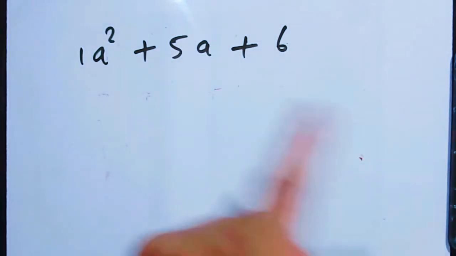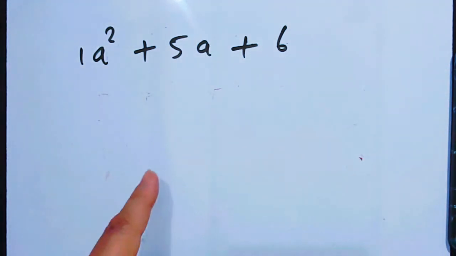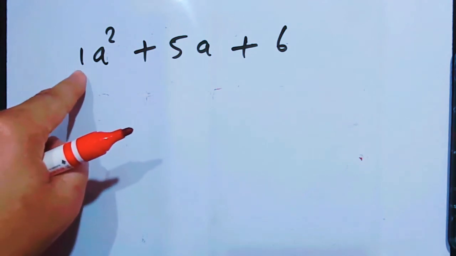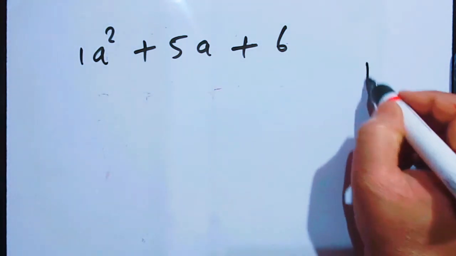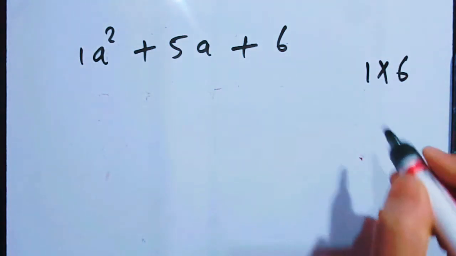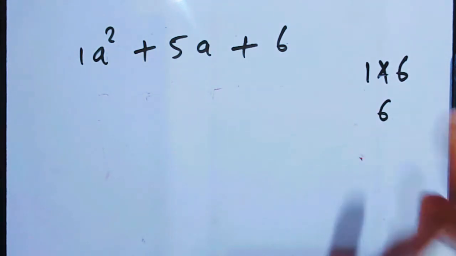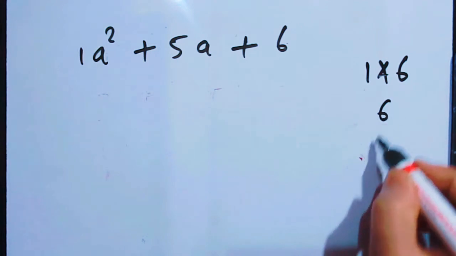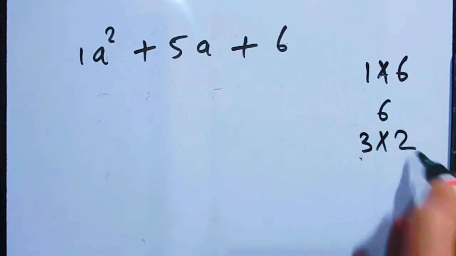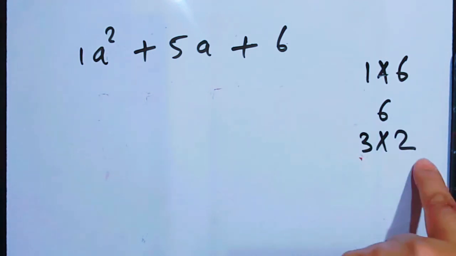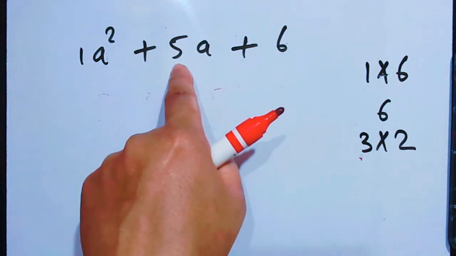That is why from the very beginning I am telling you that the first number and the last one should be multiplied. So you will get 6. Now 6 should be broken into 2 parts such that when you add these two numbers you will get the middle one.